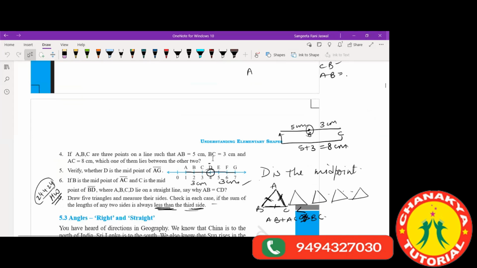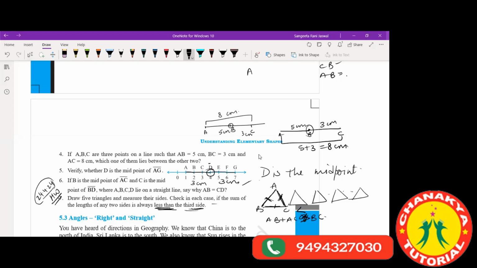From A to B, this is 5 centimeters. From B to C, it is 3 centimeters. So that means the total length of AC is 8 centimeters. So which of them lies between the other two? That's obviously B.